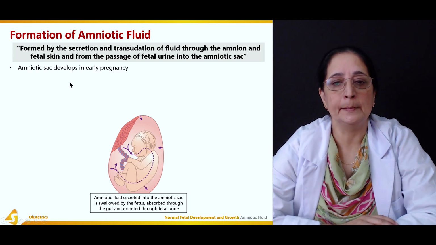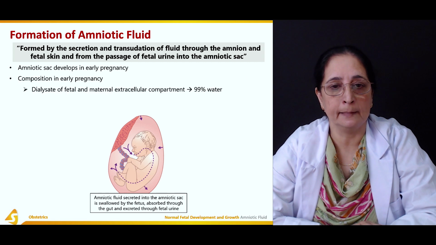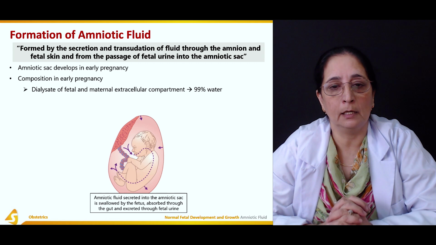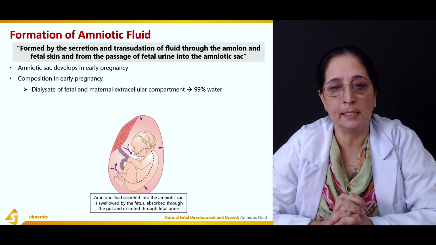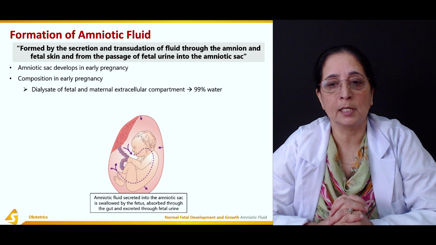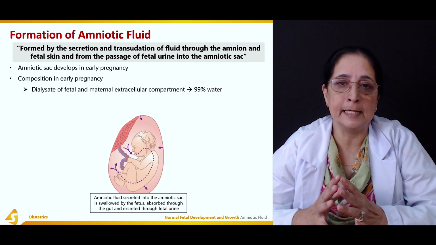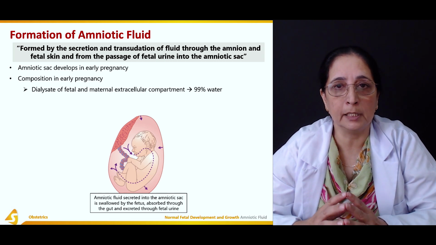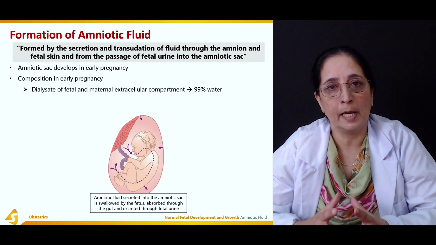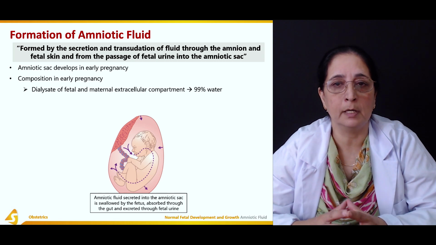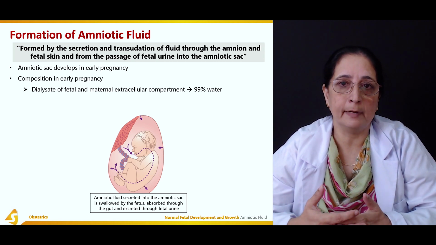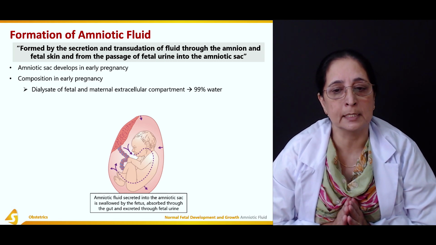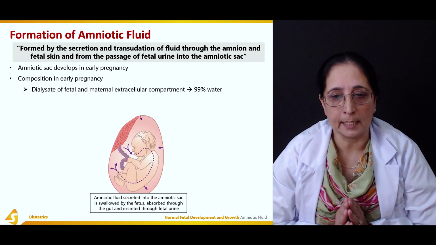Amniotic sac develops in early pregnancy, and the composition in early pregnancy is dialysate of fetal and maternal extracellular compartment. 99% of the composition of amniotic fluid is water.